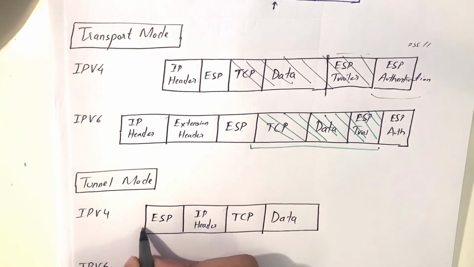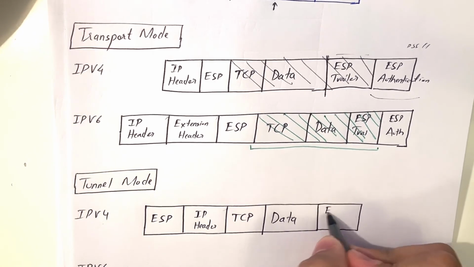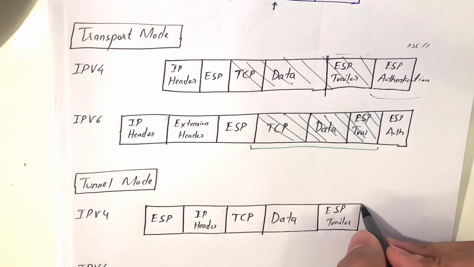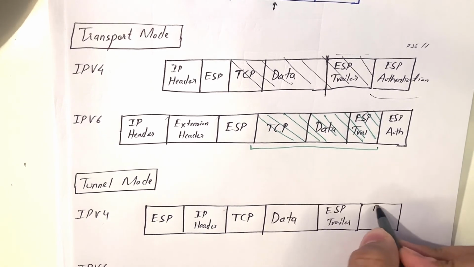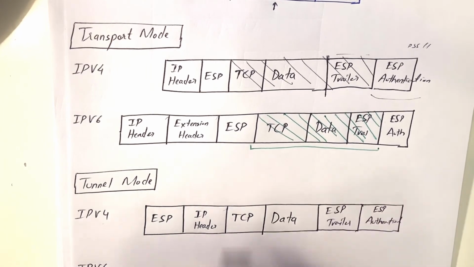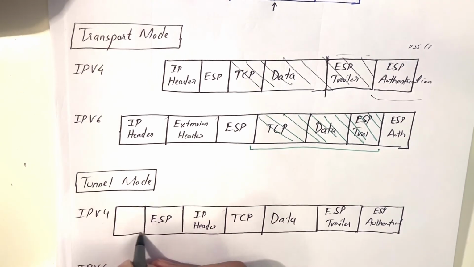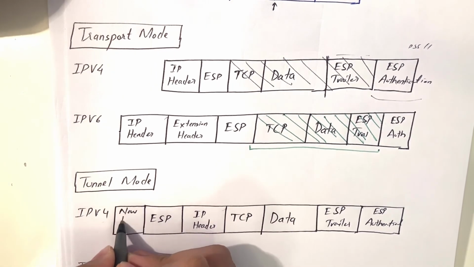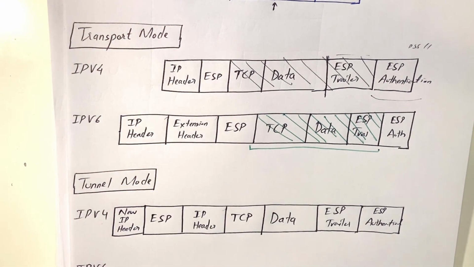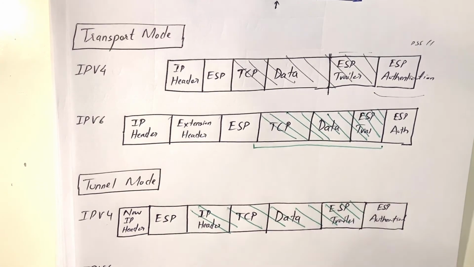Since you have added the ESP, after that, as you know, the ESP trailer will come just to let us know that the data ends here. And then the ESP authentication. Now the problem is that the IP addresses got encrypted, so we need to add a new IP header here. So what will be encrypted? Whatever comes after ESP will get encrypted till the ESP trailer.